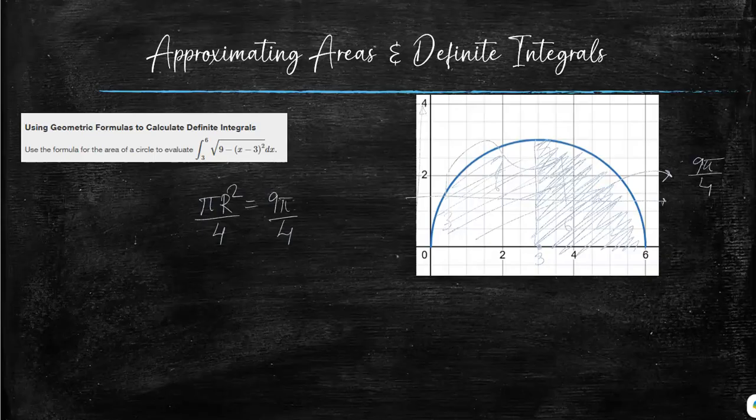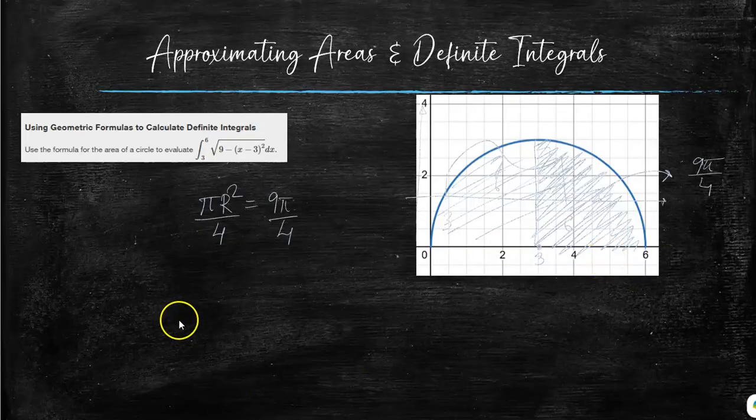Now, I don't recommend doing this too much, but I'm going to type this integral into Desmos. Believe it or not, Desmos is pretty good at finding definite integrals, and I'm going to show you the result right now: 9 pi over 4.